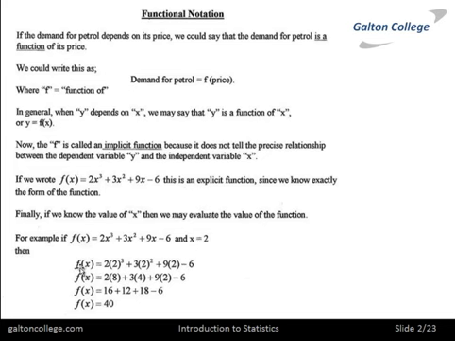So we have 2 times 2 cubed, because x is 2, plus 3 times 2 squared, plus 9 times 2, minus 6. Carry on, carry on. So we get the function is 40. So we can evaluate it. If we're told the value of x, we can work out what the function is.